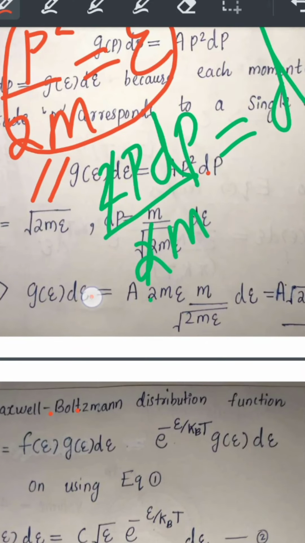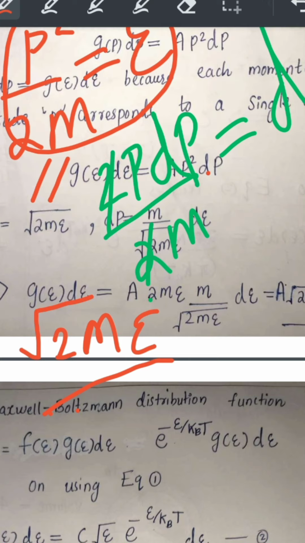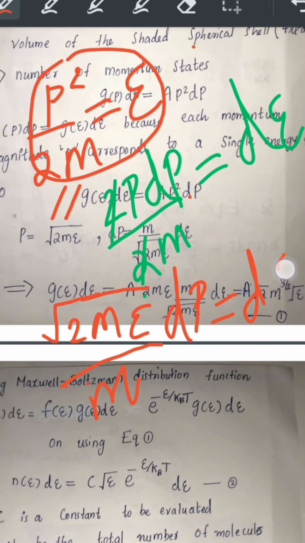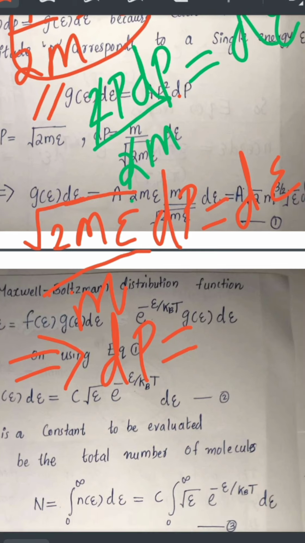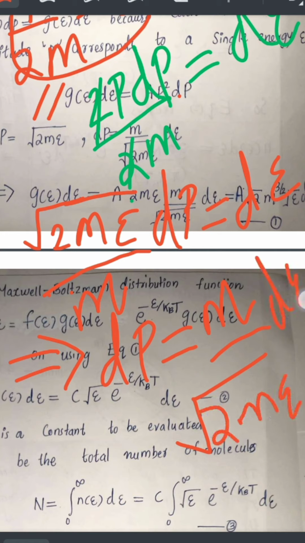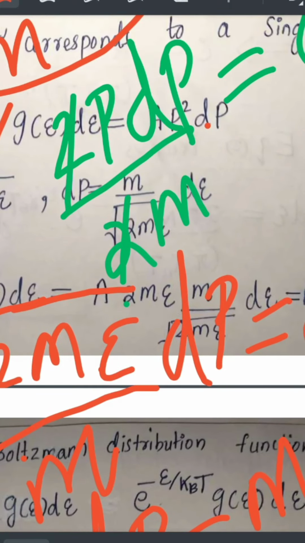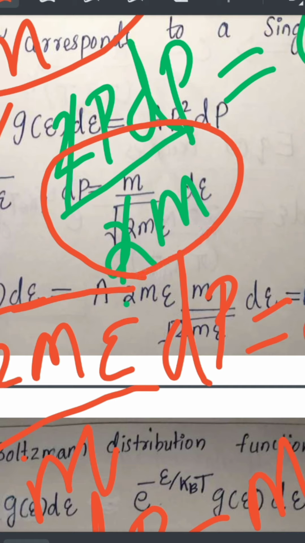That gives root 2m epsilon over m times dp is equal to d epsilon. So dp is equal to m over root 2m epsilon times d epsilon.